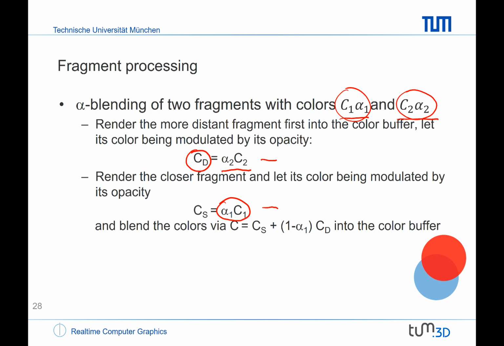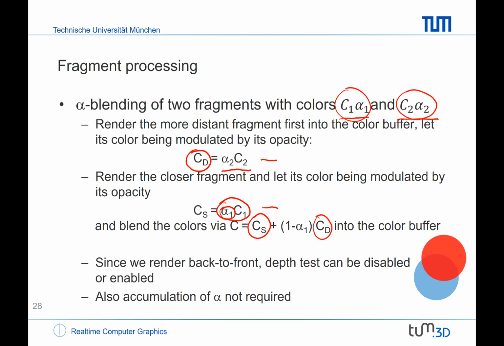And if this is so, then the final color that appears in the color buffer is just the effective color of the second object, plus 1 minus the alpha of the foreground object times the color of the background object, which was already in the color buffer. That would be the kind of blending we perform.